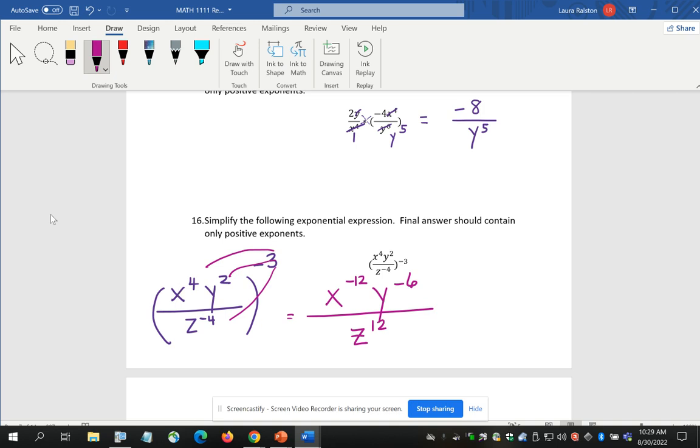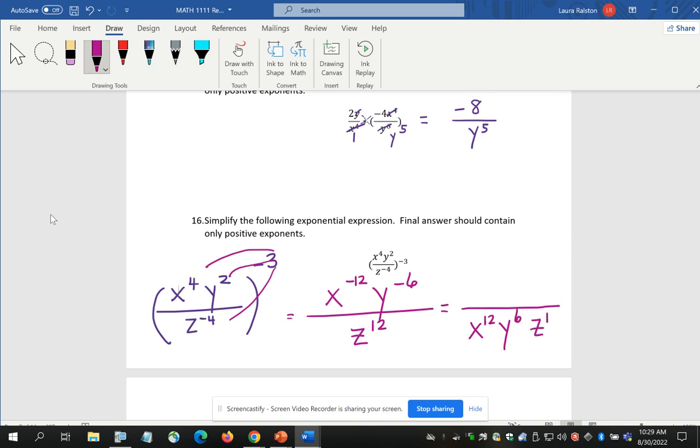Again, we can only have positive exponents. The way we make them positive is we move them to the denominator or numerator. We move them up or down in the fraction. So I have x to the -12. It's going to get moved down, become x to the 12. Y to the -6 gets moved down so that it becomes positive.